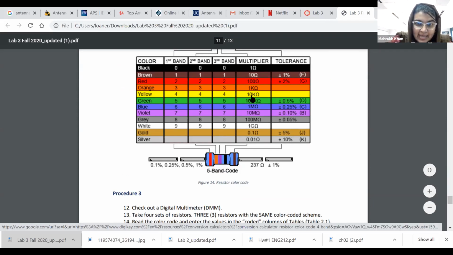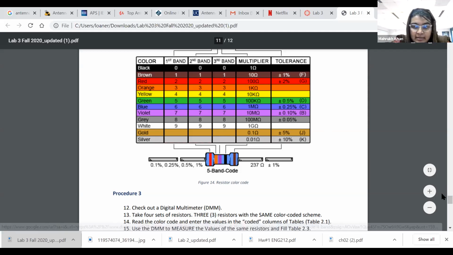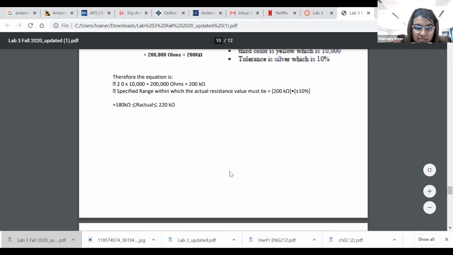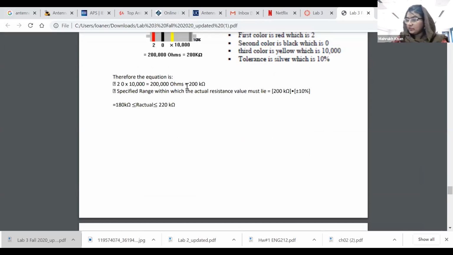So it's like 20 into 10K. 20 into 10K makes it 2200 kilo ohms. Okay, let me check another resistor that we have in this kit. Let me just bring any resistor from here and check its bands. So this resistor, this is 4.7K. Let me check the value.